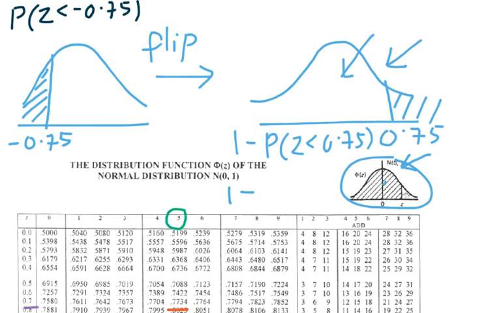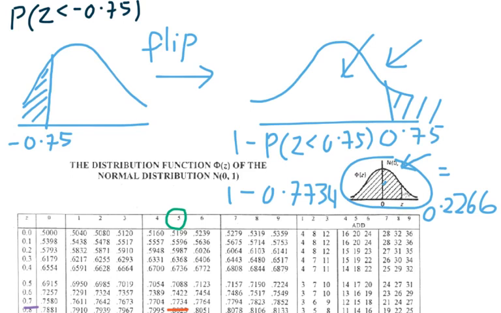0.7734. Alright. So now our probability for the white area is 0.7734. Meaning that our probability value is going to be 1 minus 0.7734, so our probability is 0.2266.